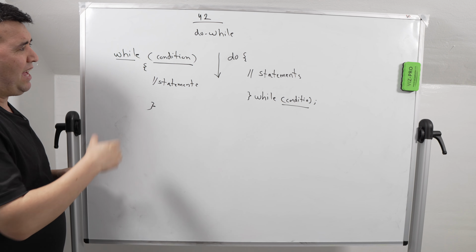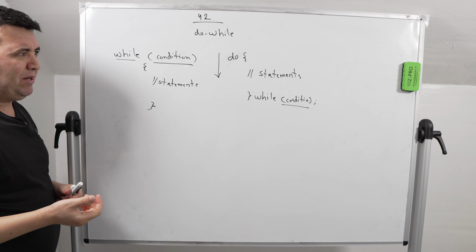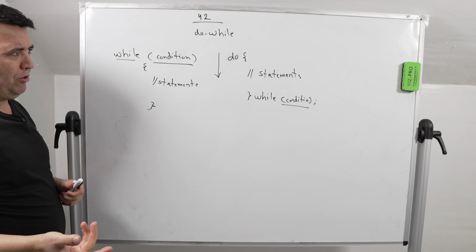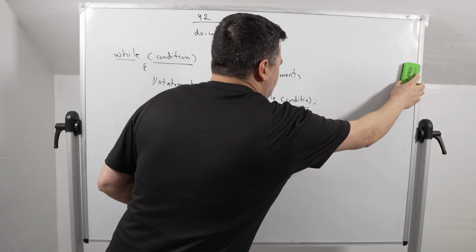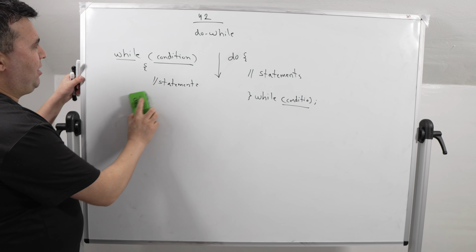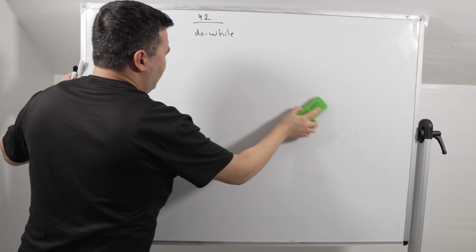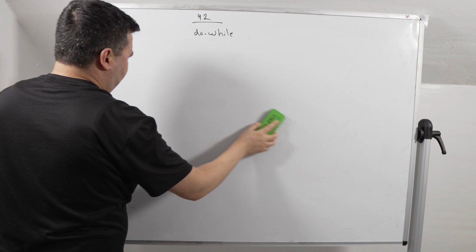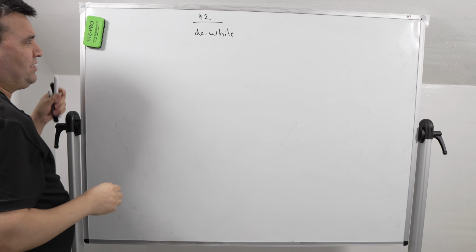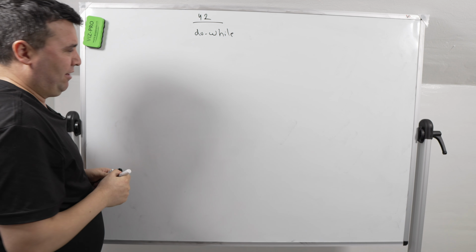So let's write an example using both the while and do-while loop, so you can see the difference. I write a program which prints the numbers from 1 to 5.